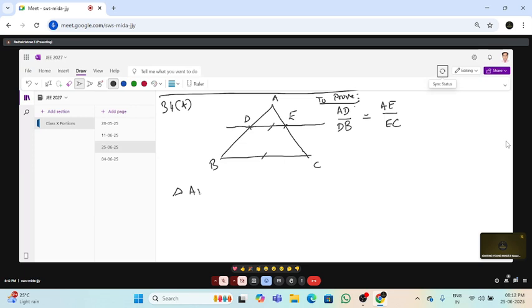They are similar, sir. They are similar because since this is a parallel line, these two are similar angles, right? Again, these two are same, and this is a common angle. So all three angles are matching, so the triangles are similar.